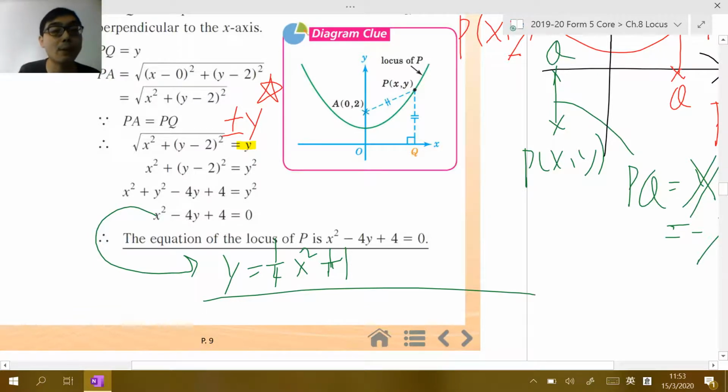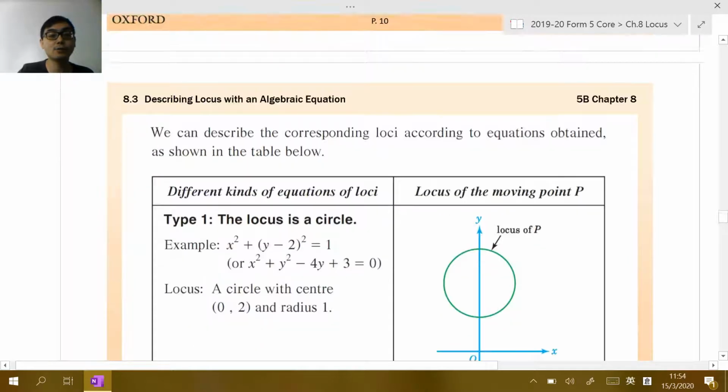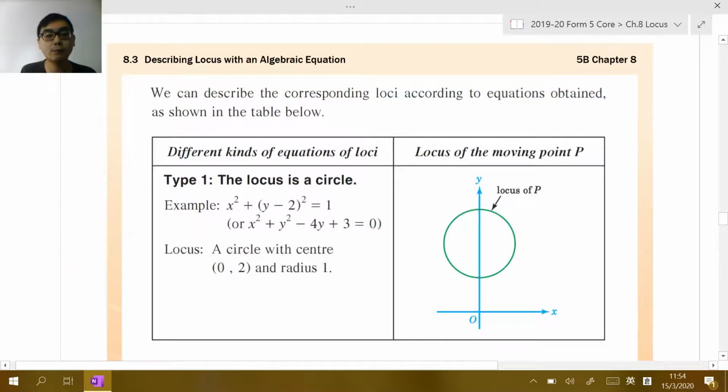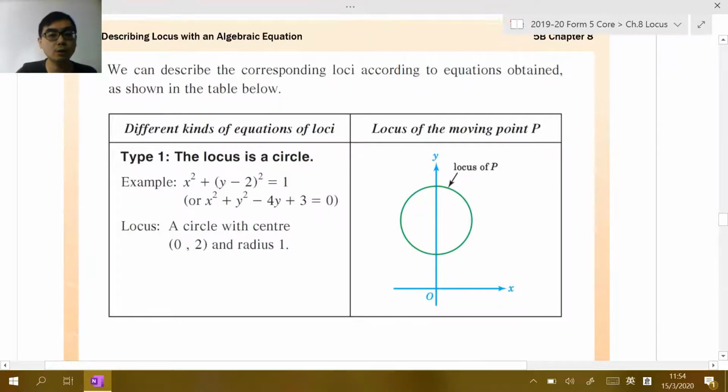You know that it should be a parabola. So the way we write the locus is very easy. You just use the condition, let P be (x, y), and simplify the relation to get an equation for P. This equation represents the locus of P.